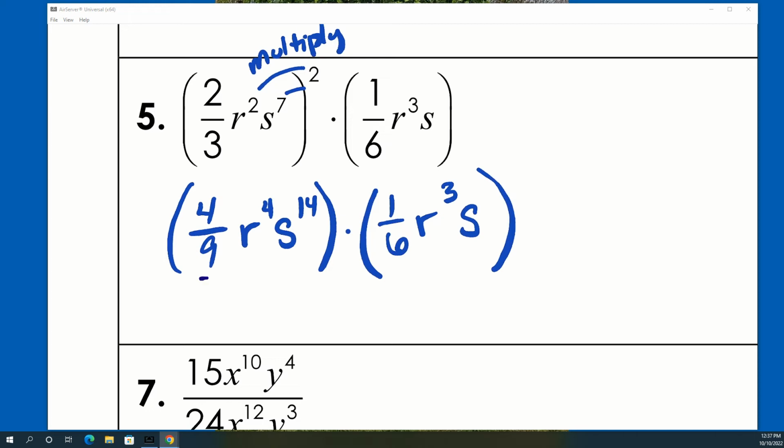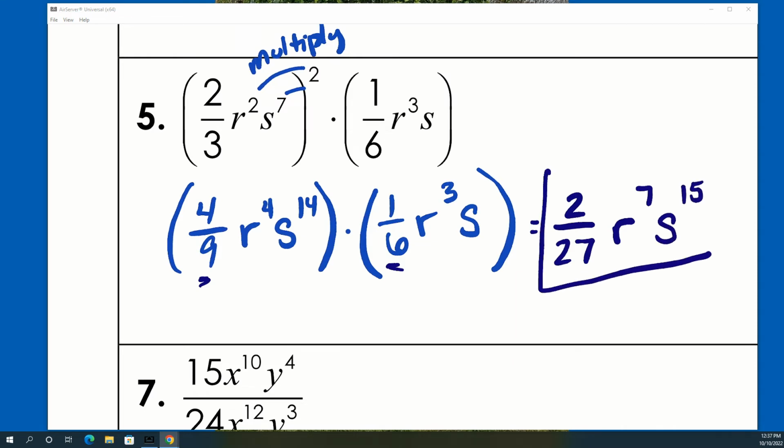And then I could just multiply 4/9 times 1/6, either in your calculator or by hand, it doesn't matter, and I'm going to get 2/27. And then we add the exponents for the r's and add the exponents for the s's. And that's it.